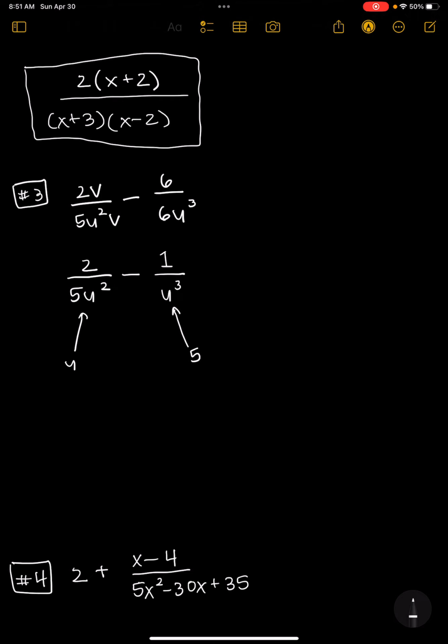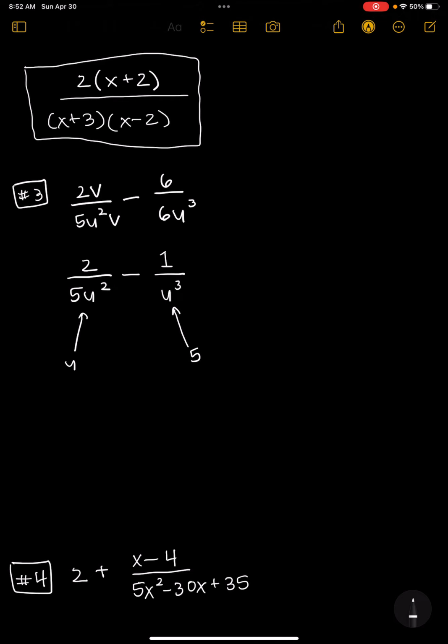And if I can do that, then both of the denominators will be 5u cubed, which means that I can add. But I don't want to just multiply the bottoms. I have to multiply the bottoms and the tops, because what I do to the bottom, I have to do to the top. Just like when I'm canceling stuff out, what I cancel out from the top, I have to cancel out from the bottom.